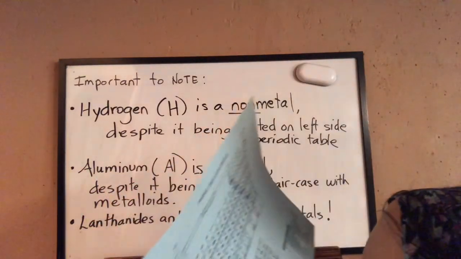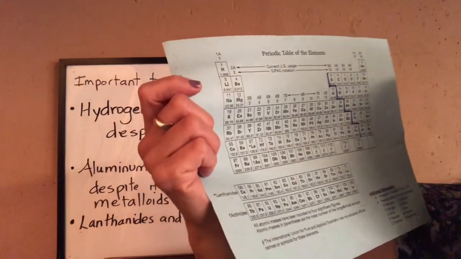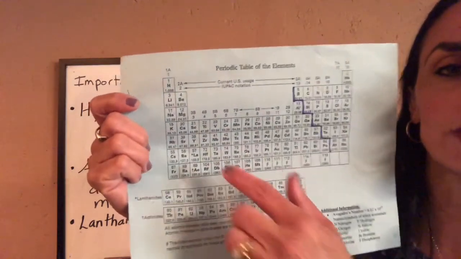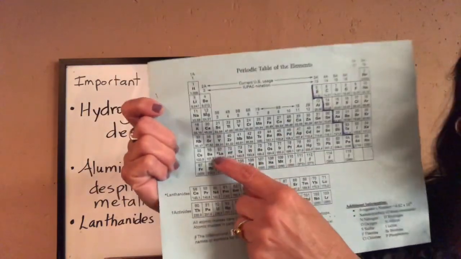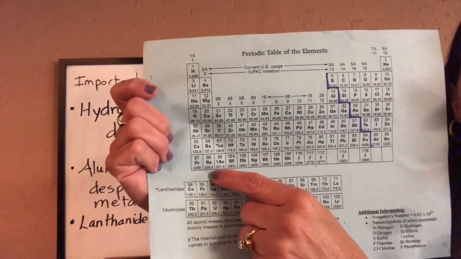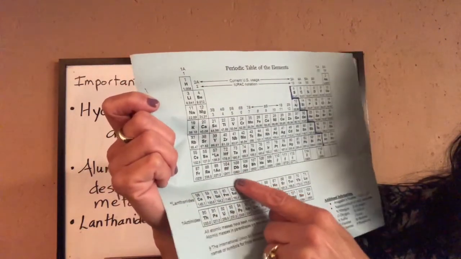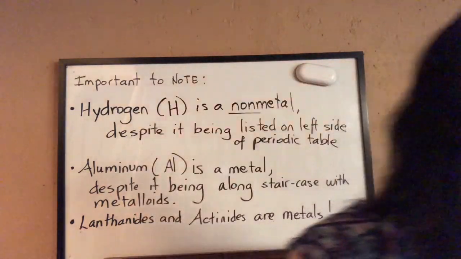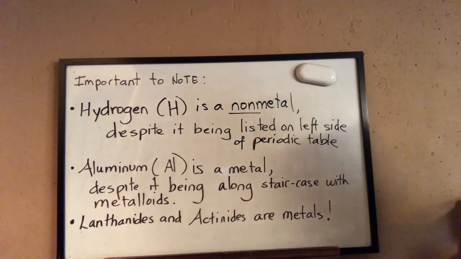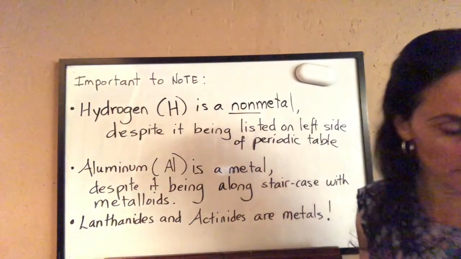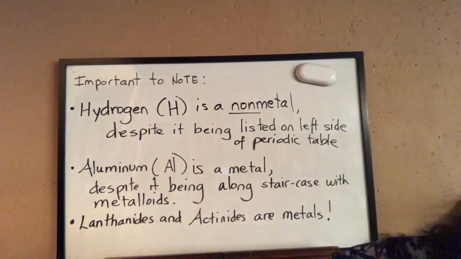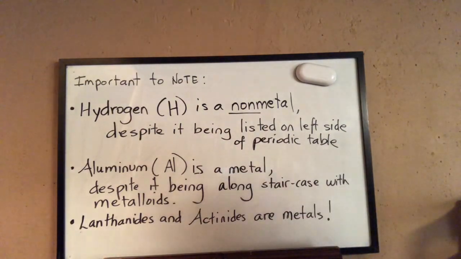Your textbook and the chart that I have here, you have an asterisk for the lanthanides and you have a cross for the actinides, and you can look where they reference in the periodic table, the asterisk and the cross there, showing that these come from here, they are metals. The color-coded chart shows that as well, but if you did not have a color-coded chart, that doesn't prevent you from identifying them correctly.